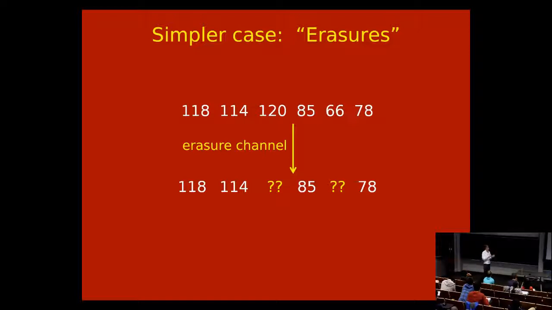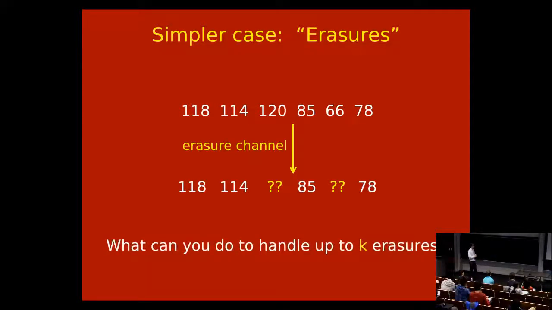There was supposed to be something here, but he clearly didn't get it. Erasures are a little bit easier because you don't have to worry about which are the right symbols and which are the wrong symbols. You know that these are all correct, and you're missing information for these two symbols. So the first problem we're going to worry about is how to devise a code to handle up to k symbols getting erased.